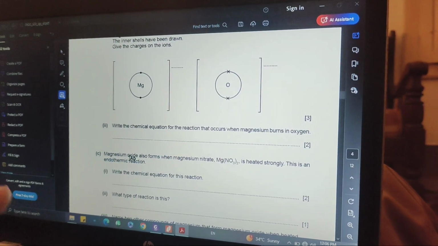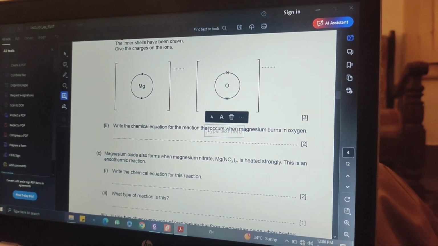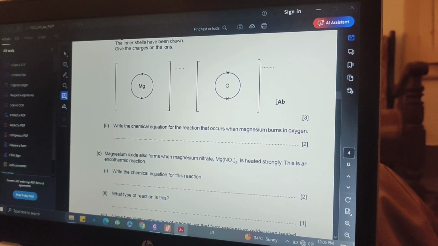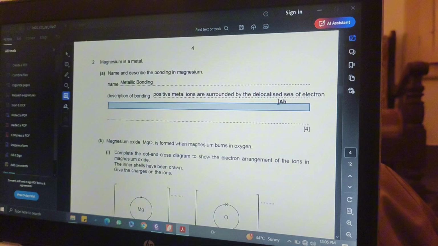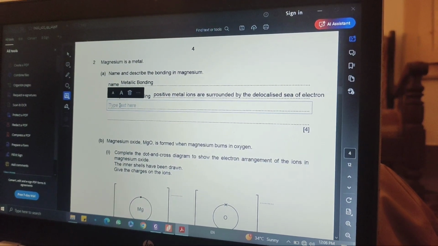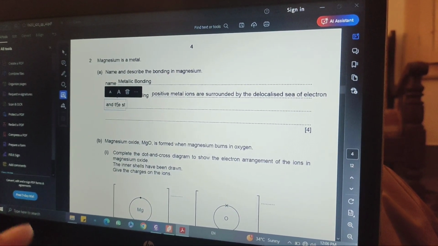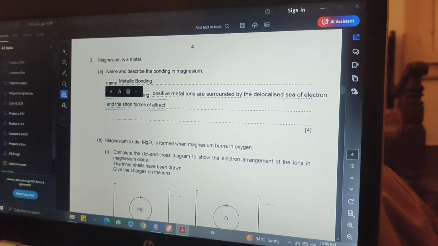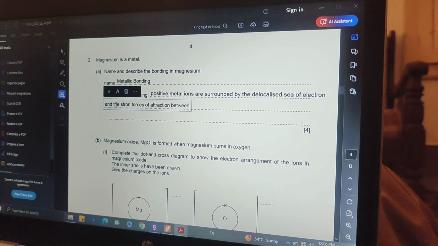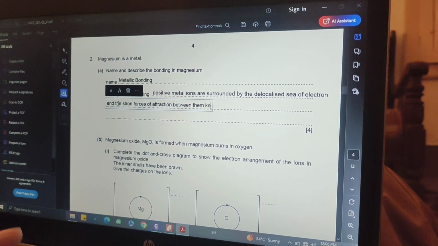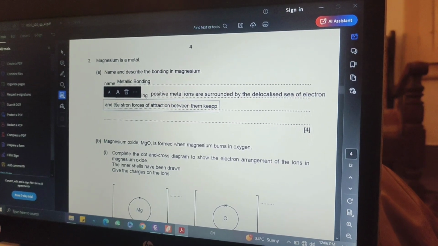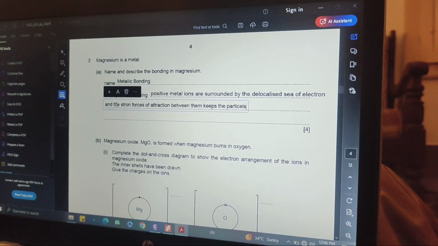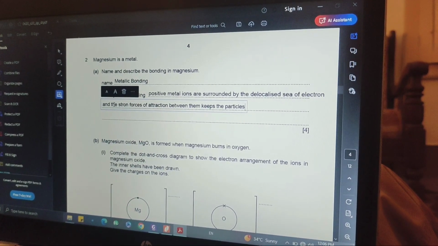and the strong forces of attraction between them keep the particles together.